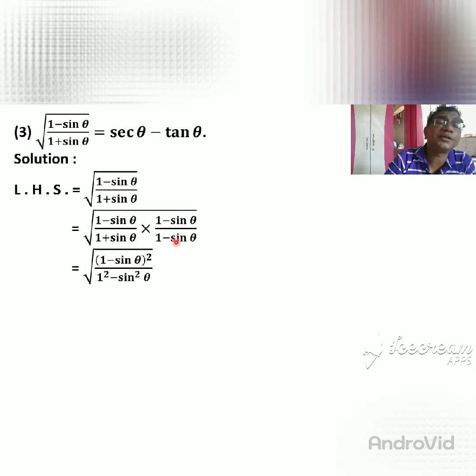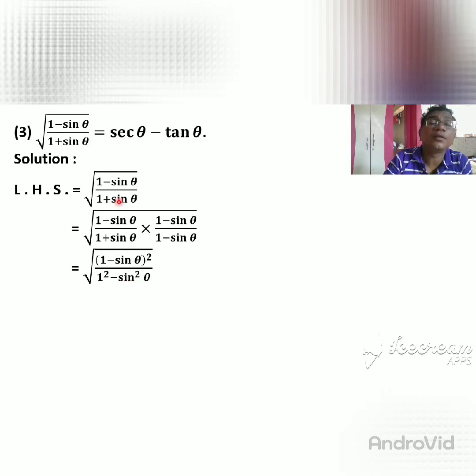See, here is a plus b and here is a minus b, both are the same but signs are different. So the formula is a plus b, a minus b is equal to a square minus b square. According to this formula, first term square, first term 1, so 1 square, signs are not the same so I write minus, second term square, sin theta, so sin square theta.